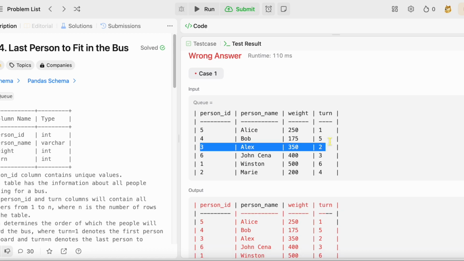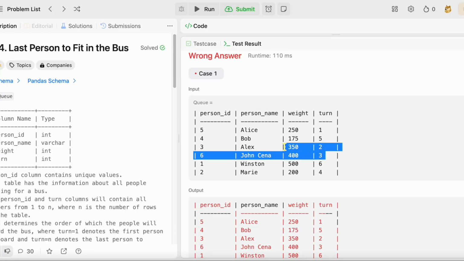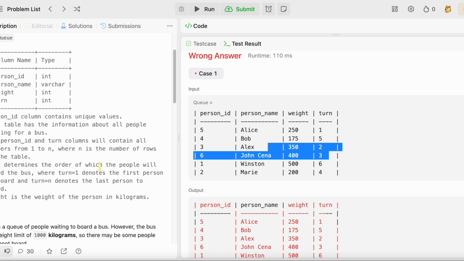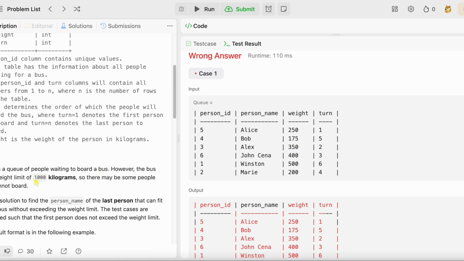And the idea is we have to consider that these people enter the bus in sequence by turn, so turn 1, turn 2, turn 3. We have to find at which point we hit a turn where the total weight, so let's say the weight of turn 1, 2, and 3, is less than or equal to 1,000 kilograms.